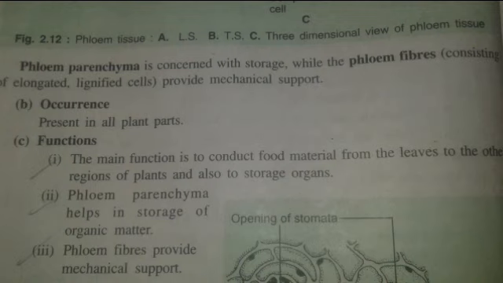The main function of phloem is the conduction of food: it conducts food from the leaves to the different regions of the plant, and the work of storage is also done by it. Phloem parenchyma helps in the storage of organic matter. Phloem fibers provide mechanical support. So guys, this is all about the complex tissues.